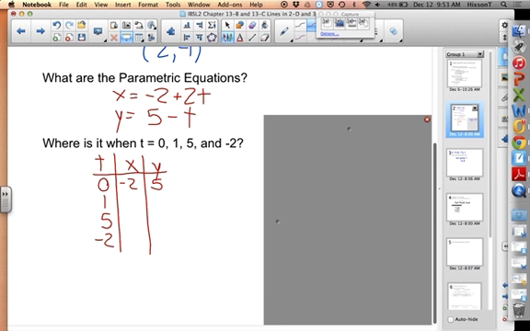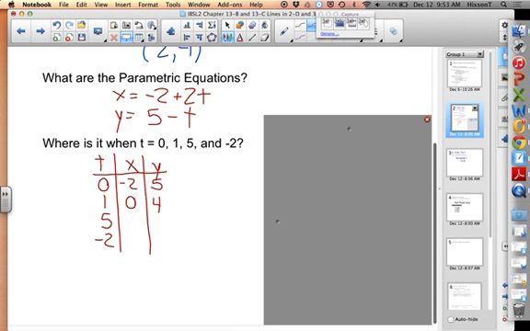Where are we when the time equals 1? 0, 4, good. -2 plus 2 is 0, 5 minus 1 gives us 4. How about when t equals 5? 8, 0. 5 times 2 is 10, -2 plus 10 is 8, and 5 minus 5 is 0.